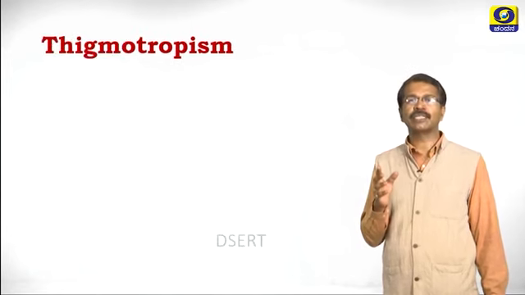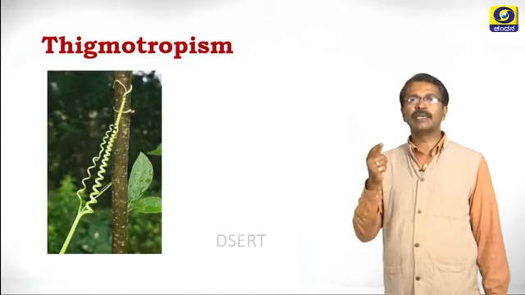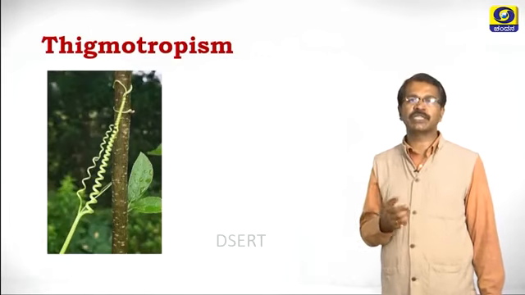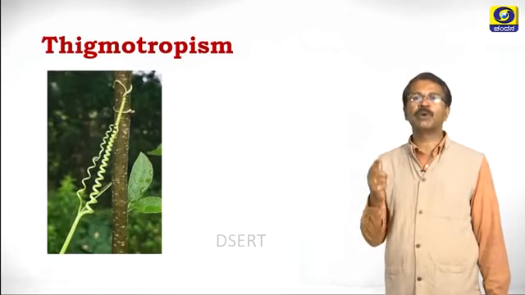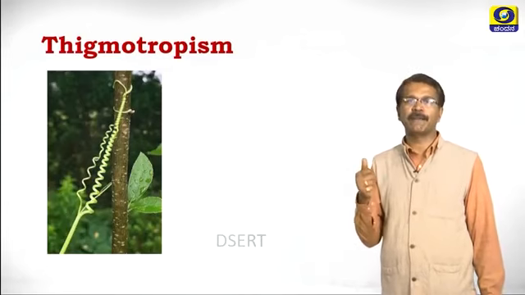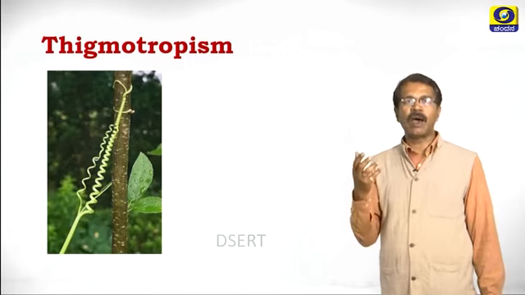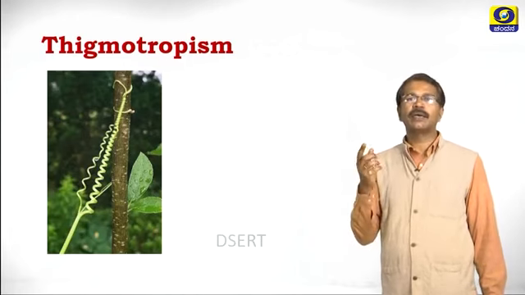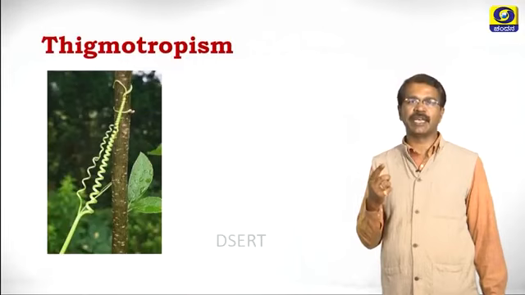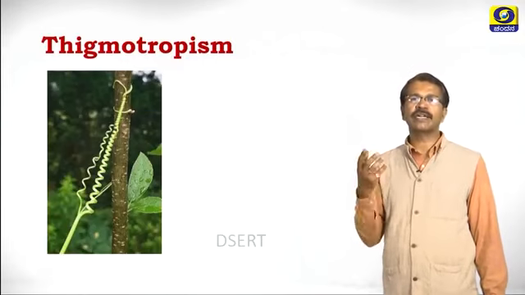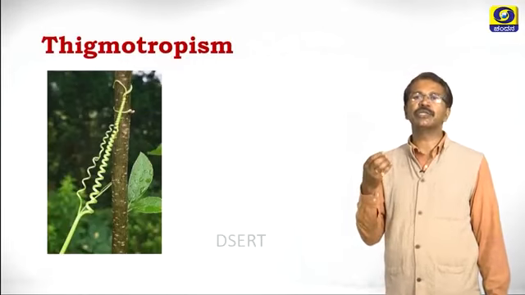Okay. Next is thigmotropism. In thigmotropism, already we have discussed the tendril taking the support of anything. Here it is taking support of a stem or any other structures around which it will entangle itself. So that is the nature of tendril. Here it is sensitive to touch.